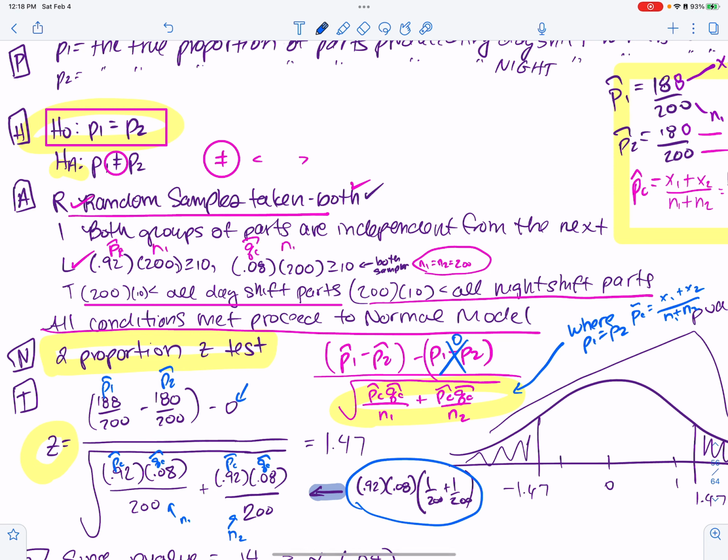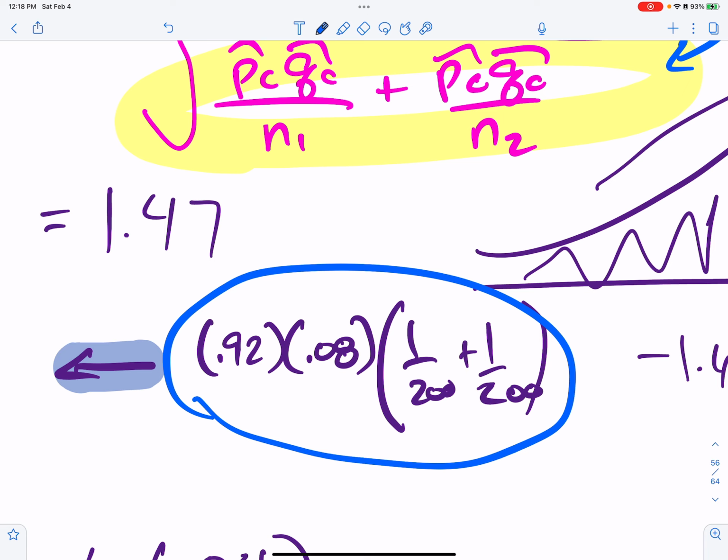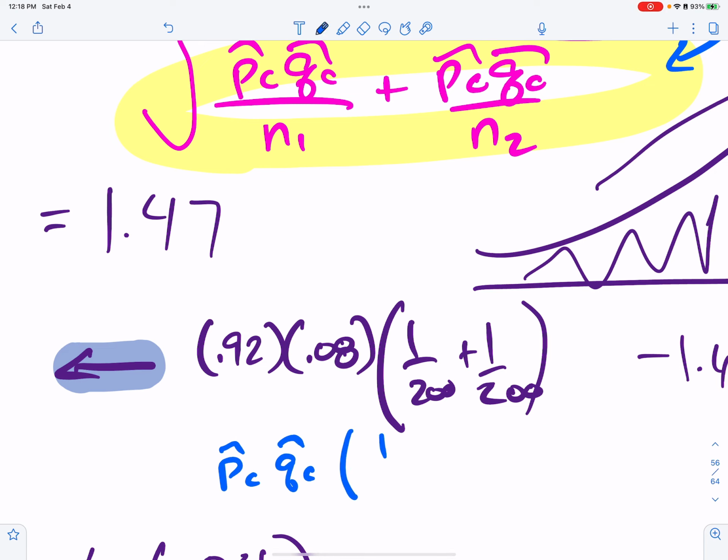Often it's written like this, the bottom part, where you can write PC hat QC hat times 1 over N1 plus 1 over N2. It's a little bit less writing. That's also mathematically equivalent to what we have written here.